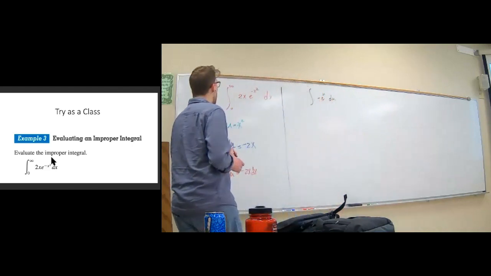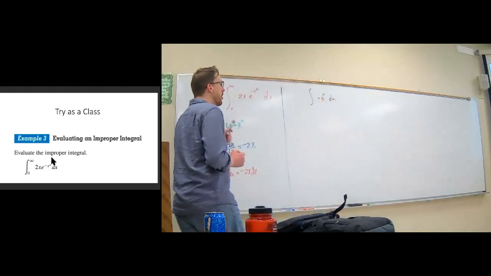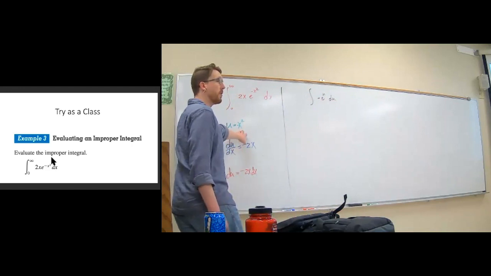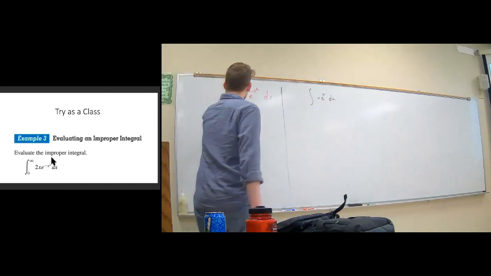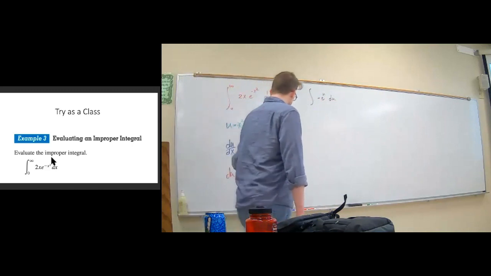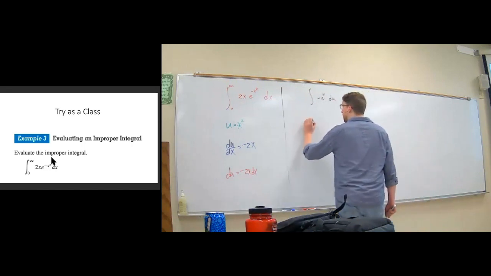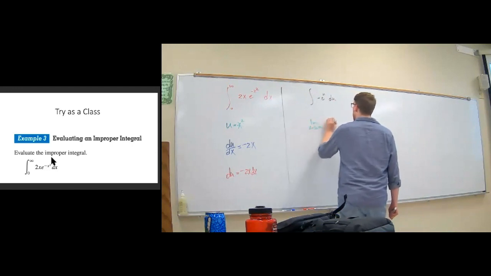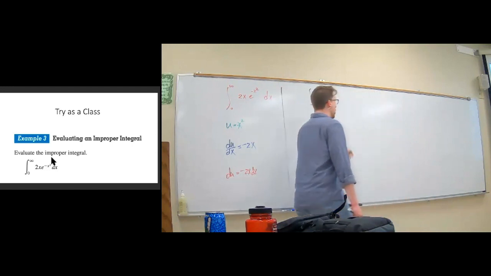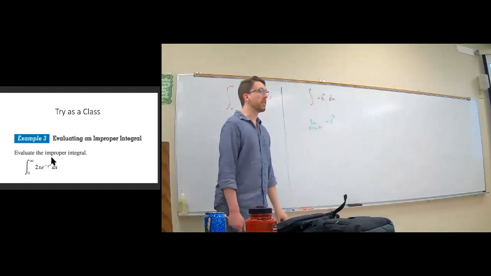Well, what do we do with our bounds? We start by noticing that we rewrote everything in terms of u, right? Here, everything's in terms of x. You have to go ahead and say, cool, in the limit as x goes to infinity of negative x squared, this is going to give us what u goes to in that limit, right?